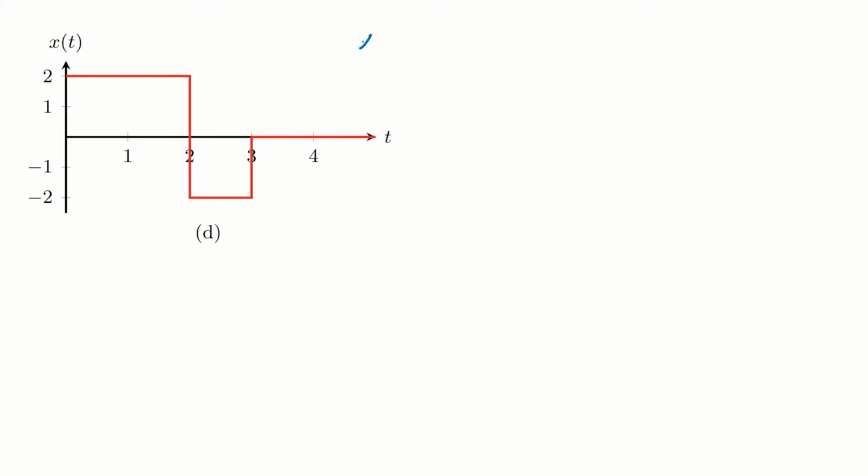Well, I can write signal x(t) in 4 different intervals. If t is below 0, the value of the signal is 0. If the interval is between 0 and 2, the value of the signal is 2. If t is larger than 2 but smaller than 3, the value of the signal is -2.